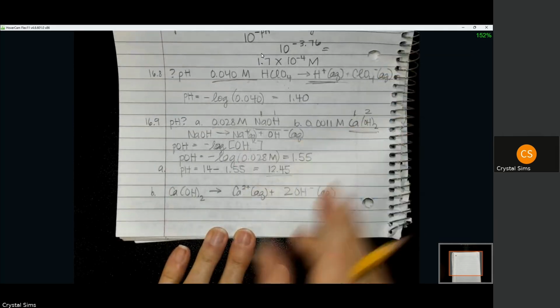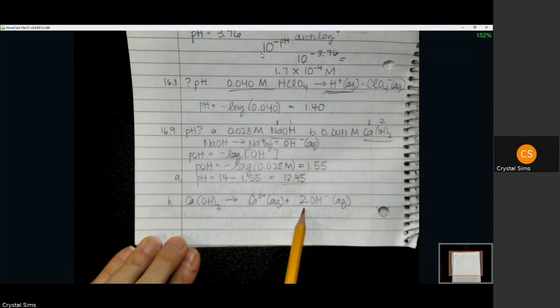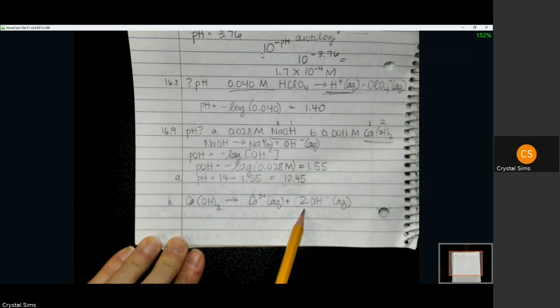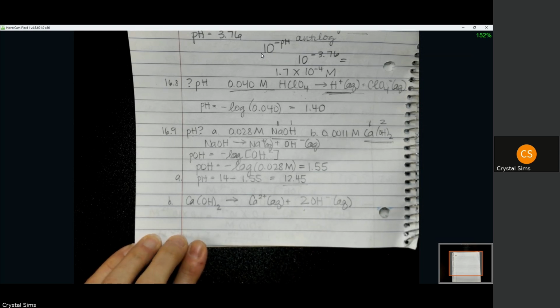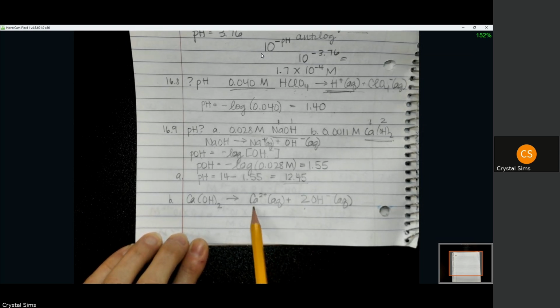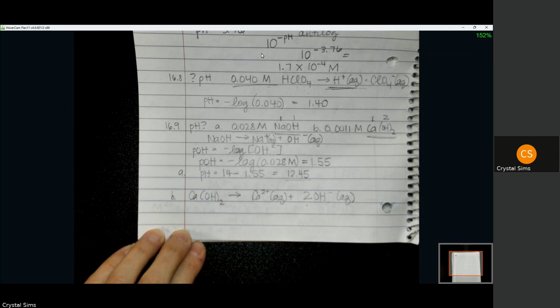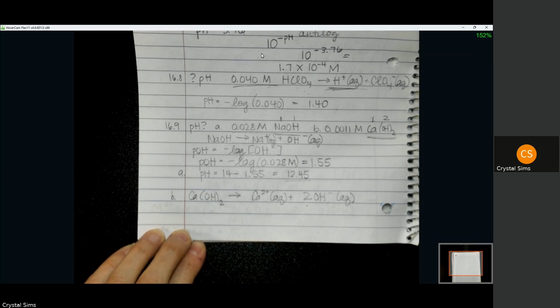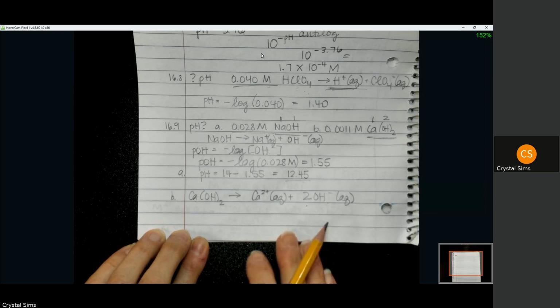When this one dissociates, right, I have 2 moles of hydroxide ions. So for every 1 calcium, I have 2 hydroxides, right? Because it takes 2 hydroxides to make a neutral molecule or neutral compound with calcium. So I have to do this a little bit different.